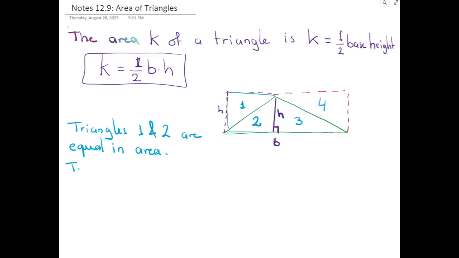And we can also say that triangles 3 and 4 are equal in area with the same thinking process.